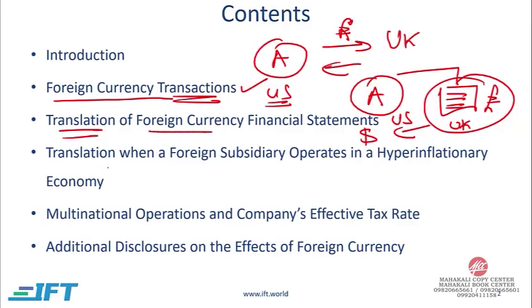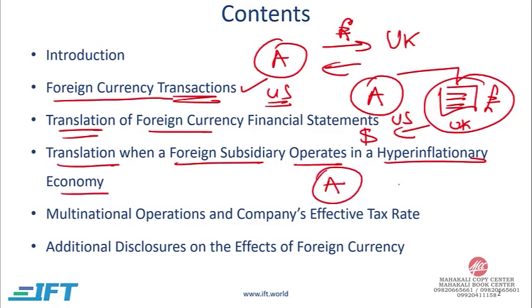Then we move one step further and talk about translation when a foreign subsidiary operates in a hyperinflationary economy. So in this case, company A has a subsidiary in a country where there is hyperinflation. We'll talk about what exactly is meant by hyperinflation and then the different ways in which we account for this subsidiary.